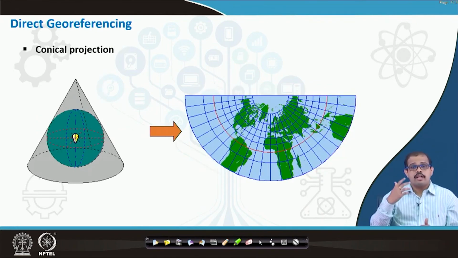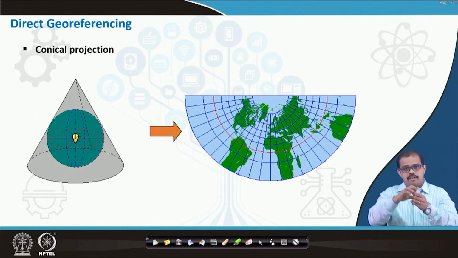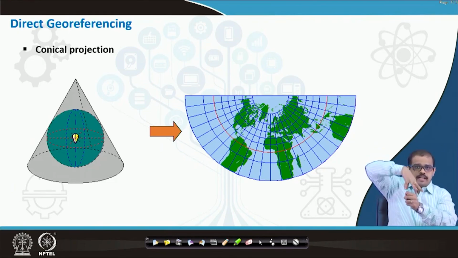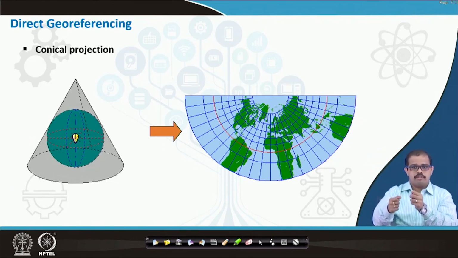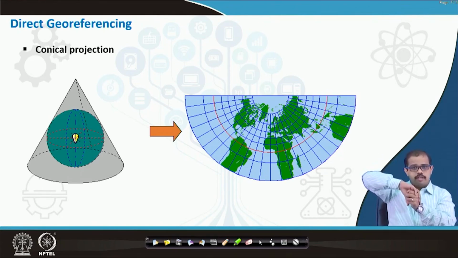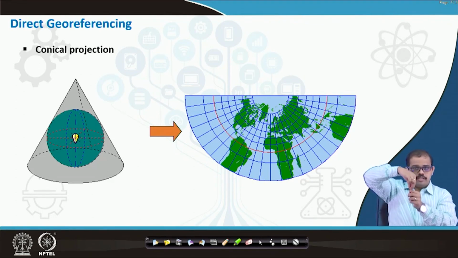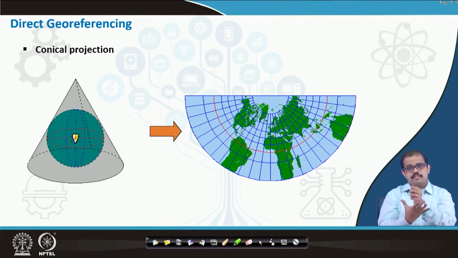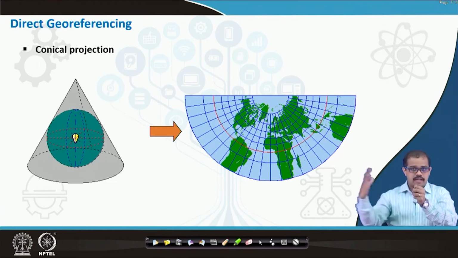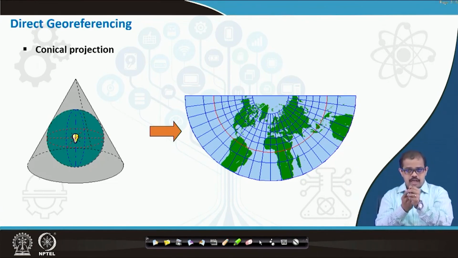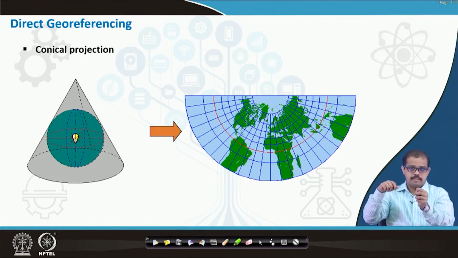And when you look at a conical projection, you have your earth surface like this, then you put a cone like this. Normally you know about your ice cream cones, right? When you put a cone on this, the sharp tip is here, and the bottom is the widest part. Now I have a light that is beaming like this. I open up the entire space.